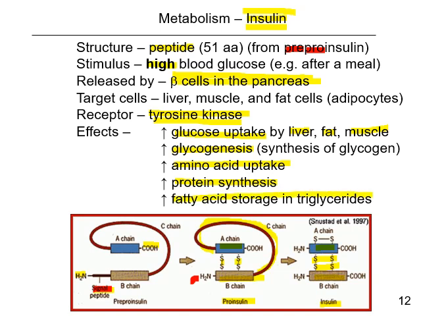So after a meal, our body takes the blood glucose and stores it as glycogen in liver and muscle, and stores it as fat in fat cells.